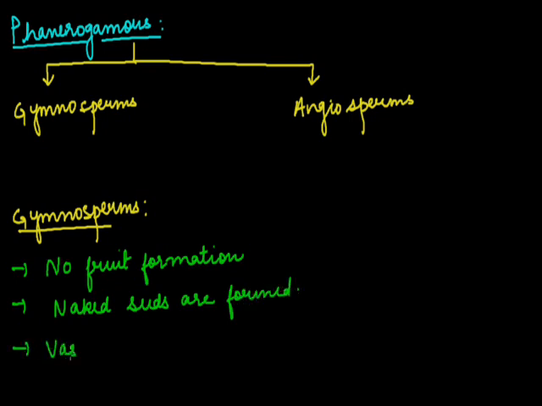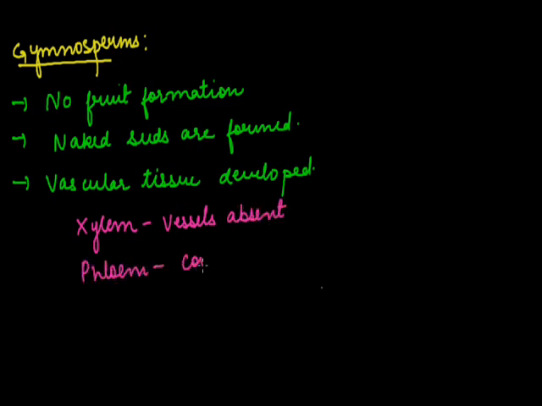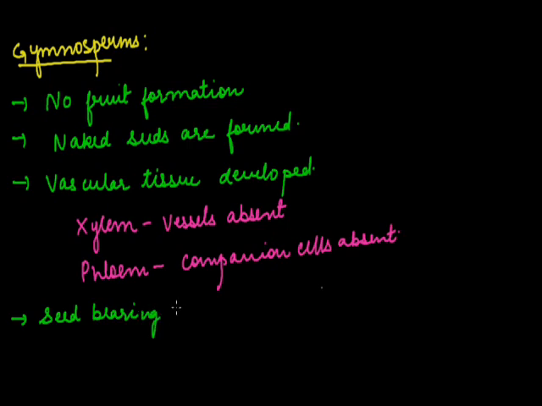The vascular tissue is developed, but here also, in xylem, vessels are absent, and in phloem, companion cells are absent. These gymnosperms are also referred to as seed-bearing plants.